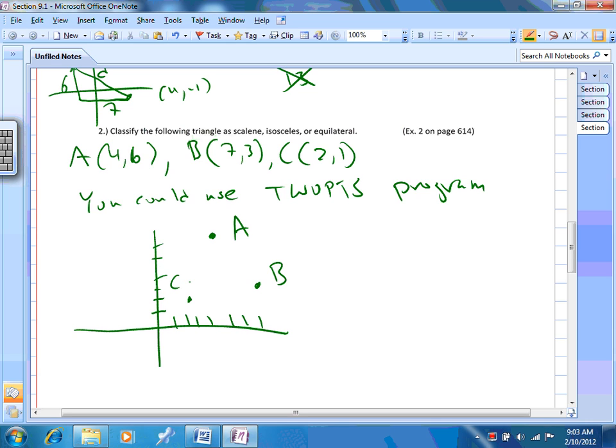Well, you use 2 points to calculate each distance. So, distance of AB, distance of BC, and distance of AC. And so you can just use a program to work it out.